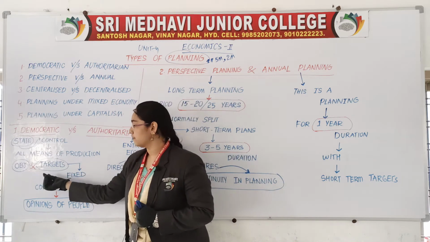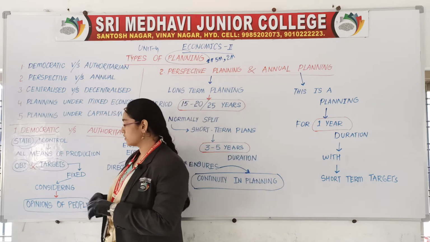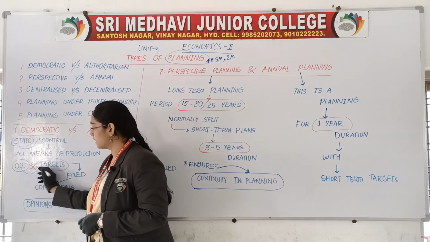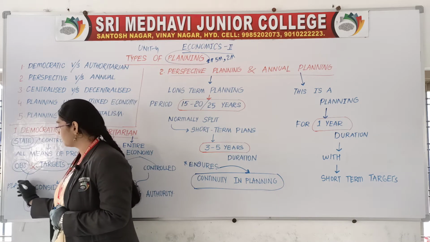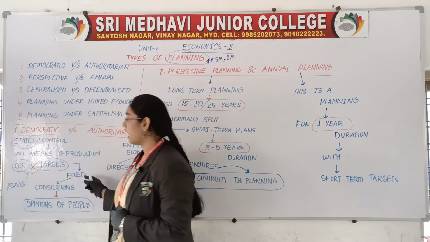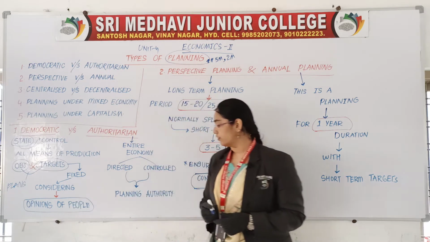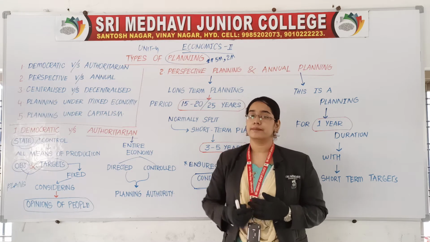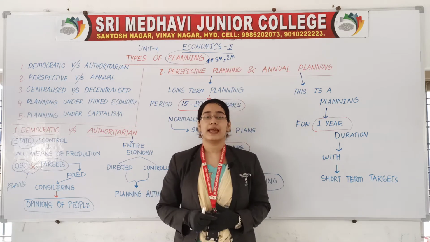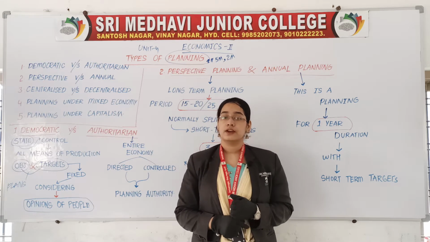Then objectives and targets of the plan. Objectives and targets of the plans are fixed by considering the opinions of people. Now, for example, let us take elections. Under elections, what happens?